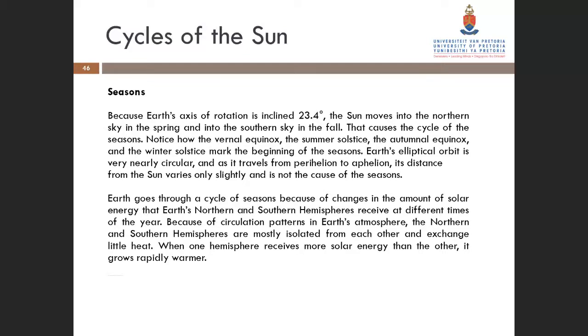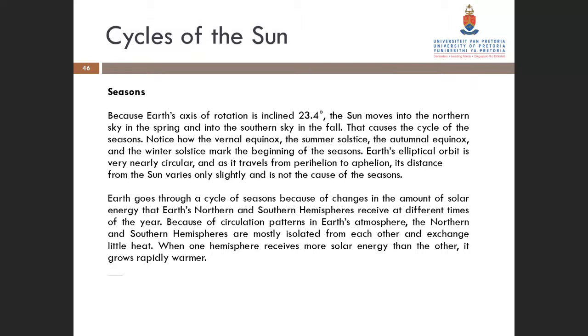Notice how the vernal equinox, the summer solstice, the autumnal equinox, and the winter solstice mark the beginning of the seasons. Earth's elliptical orbit is very nearly circular, and as it travels from perihelion to aphelion, its distance from the Sun varies only slightly and is not the cause of seasons.